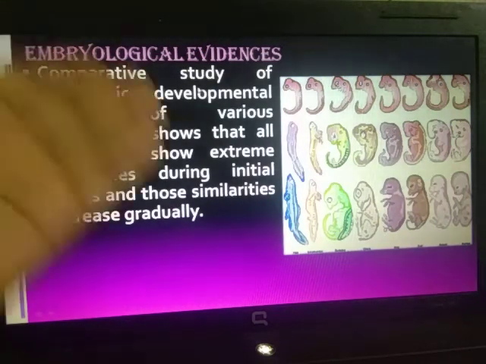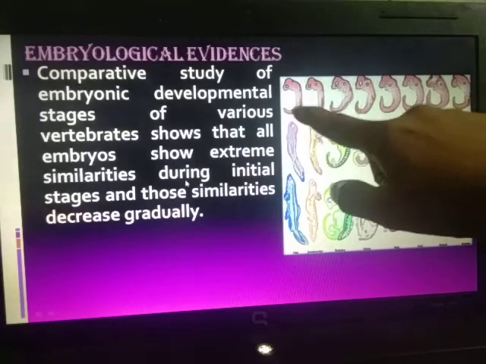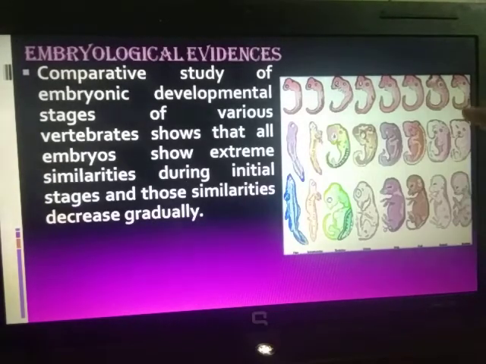Fine. So if we do a comparative study of all these embryonic developmental stages of various vertebrates, it shows extreme similarities during their initial stages. Vertebrates, as I mentioned yesterday, are those which have the backbone.